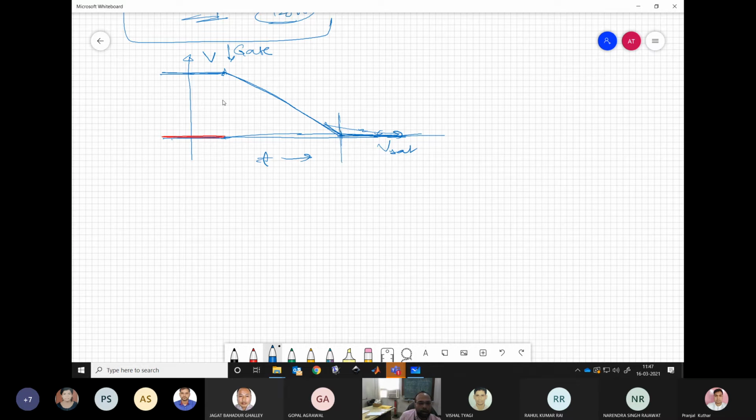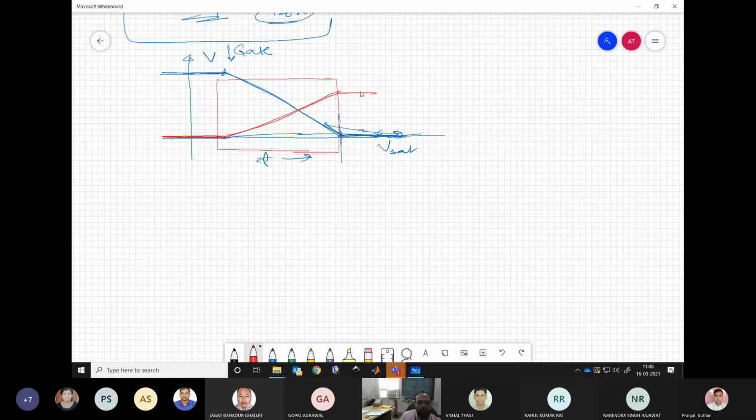And the current may depend on the circuit how it will rise. This is something dictated by the external circuit. Let's say this is a purely resistive circuit, then the current may slowly rise and go like this.